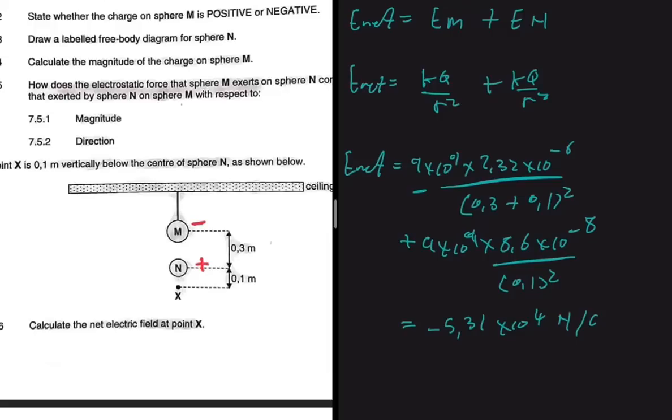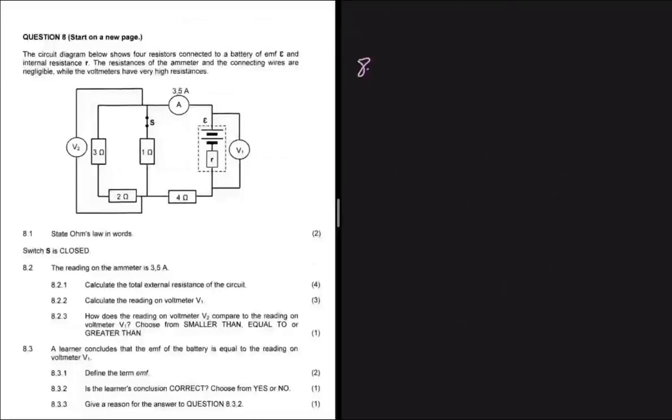As our answer here is negative, we can see fully well that our sphere M is overpowering our sphere N, so to say, right? So the direction of the electric field produced as a consequence of those two charges there will be towards M, right?